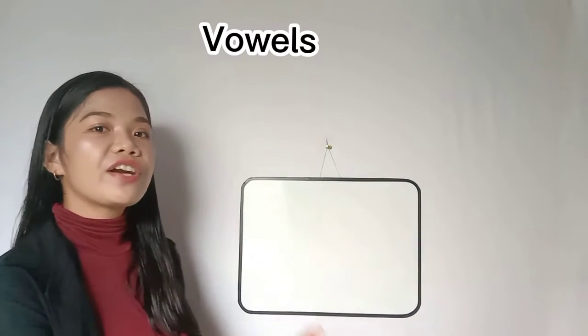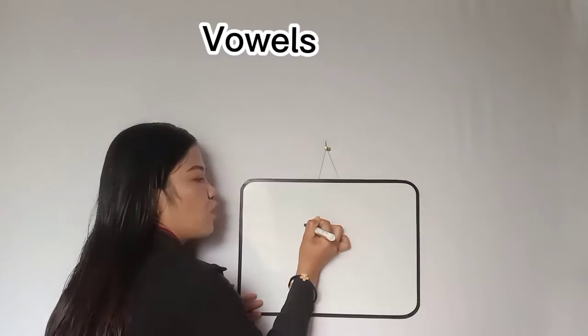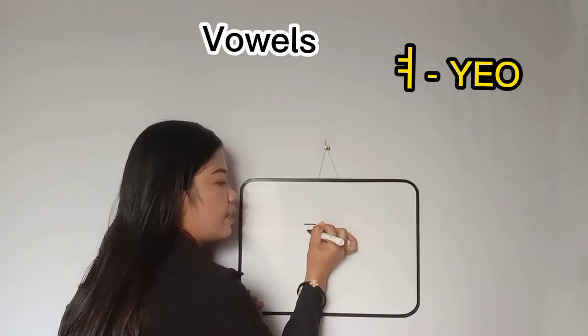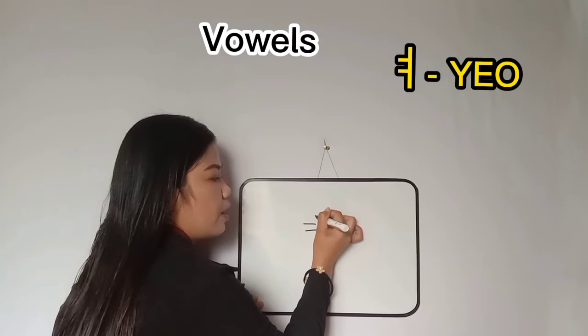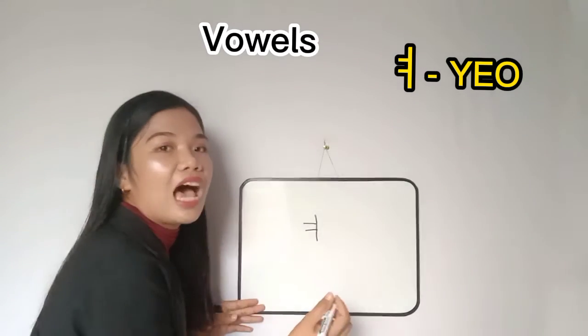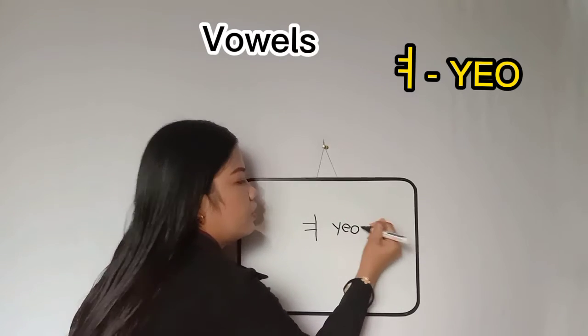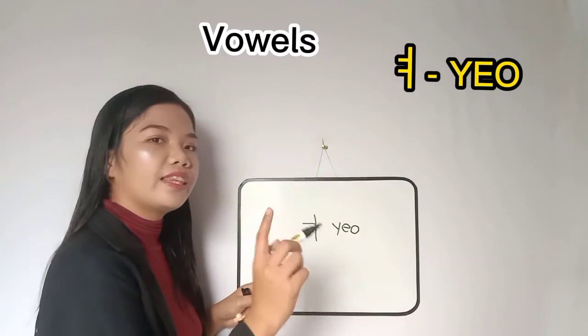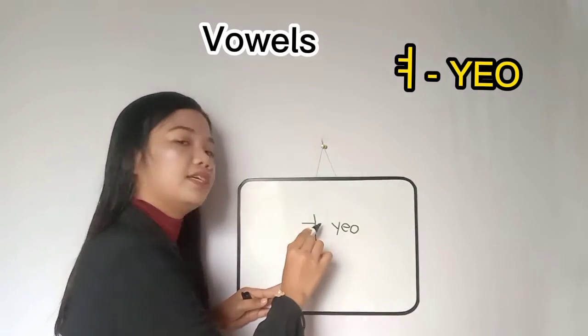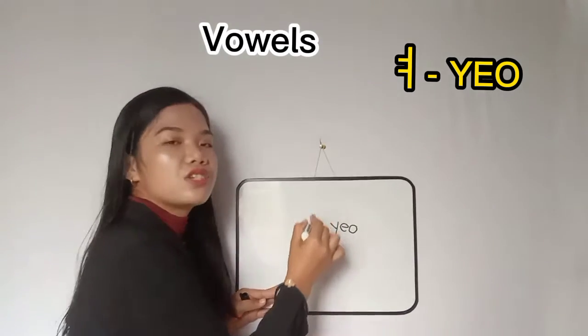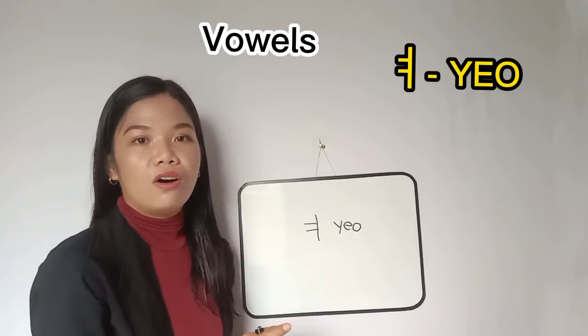We write it like this: 1, 2, and 3, and it sounds Yo. Again, 1, 2, and 3, and it sounds Yo.